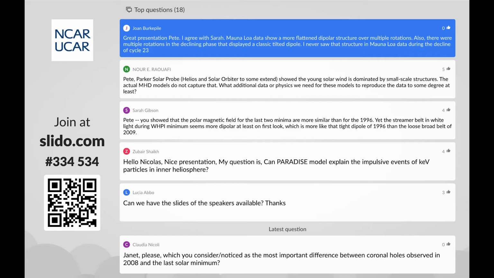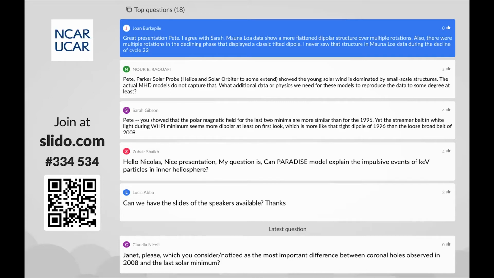I just want to make a general comment about the flatness of the streamer belt, how quiet the sun is at minimum, at different minima. I think the most important thing to keep in mind is it takes about 1.5 years for active region flux to decay away, at least the part that we call the non-axisymmetric part.